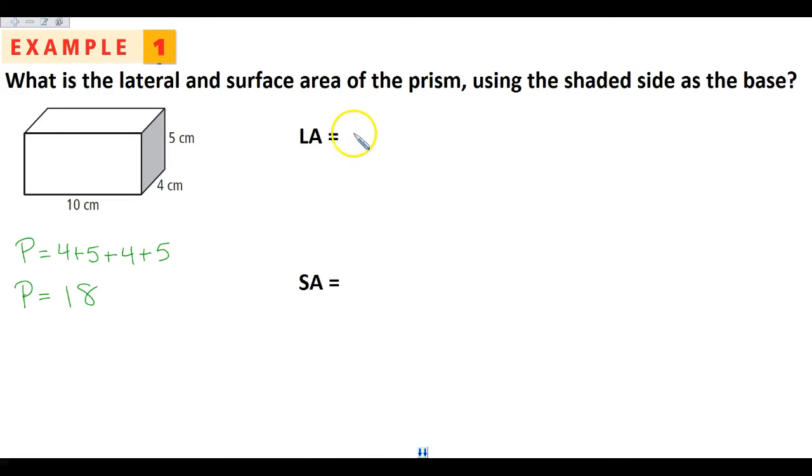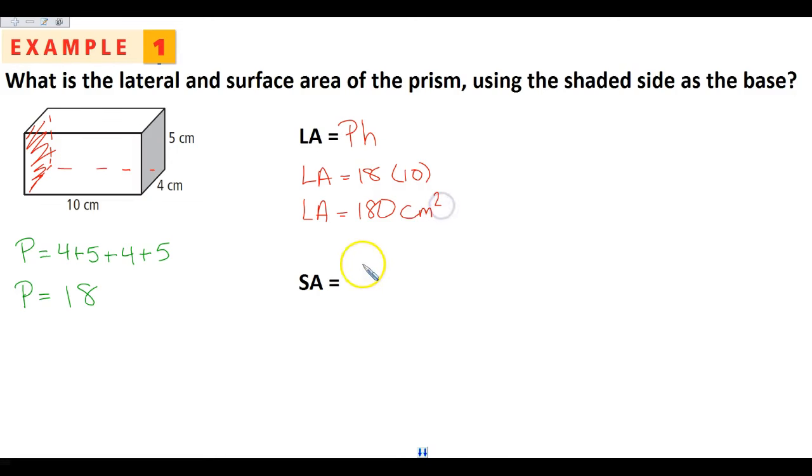Then my lateral area is perimeter of the base times height of the prism. The height of the prism, remember, is the distance between the bases. Here's the other base over here. The distance between the two bases is 10. So my lateral area is going to be 180 centimeters squared, because we are back to area.